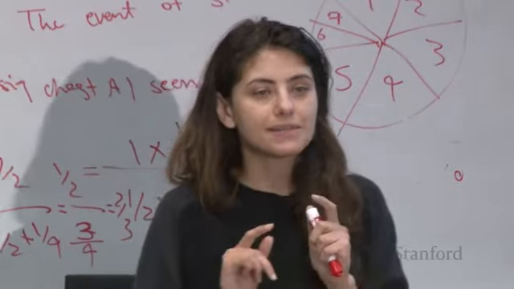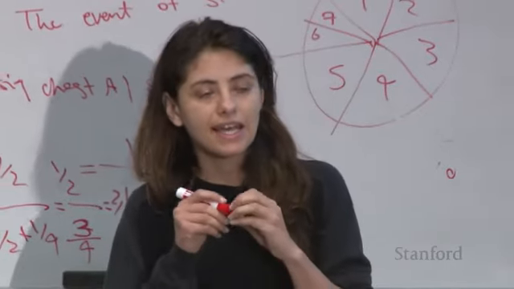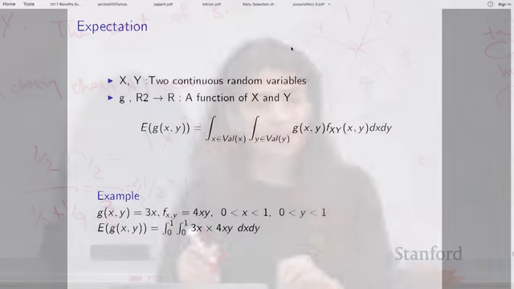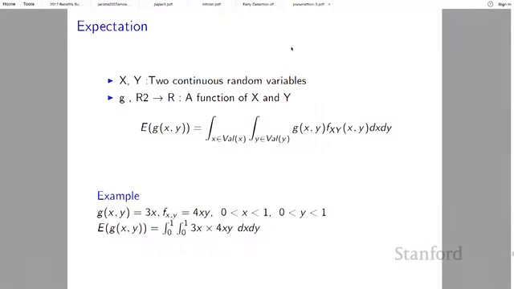Expectation. Expectation is the weighted average of the possible outcomes of a random variable, right? So, for example, if you toss a die, the outcome can be any number from 0 to 6, right?